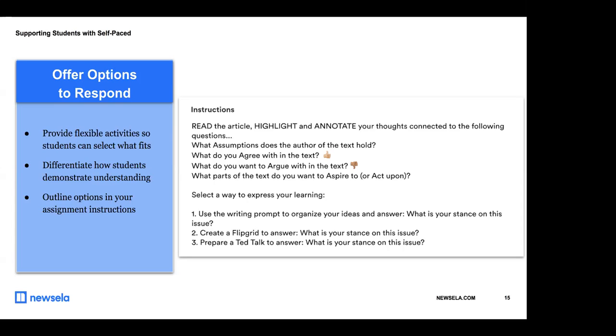So just thinking about what technology is present. So using things like Flipgrid, right, for students to respond and express what they've learned, or utilizing the right prompt that I showed you to get students' thoughts on paper and to communicate to you.